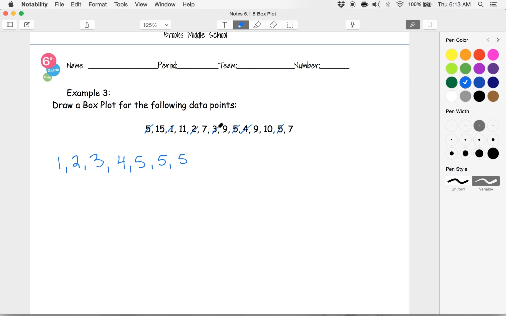Do I have a 6? No, but it looks like I have 2 7s. How about an 8? Nope. How about 9s? I got 2 9s. A 10. What else? 11 and 15.